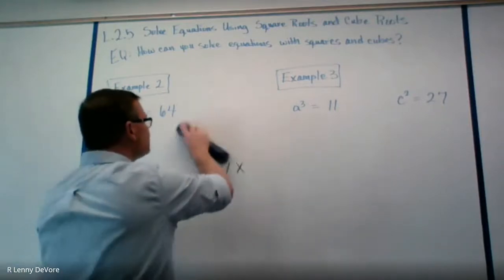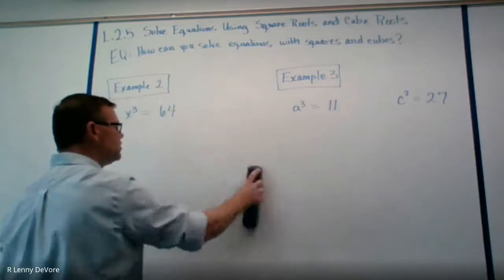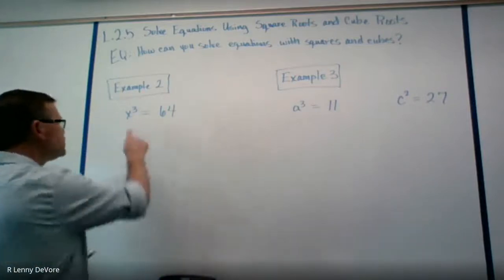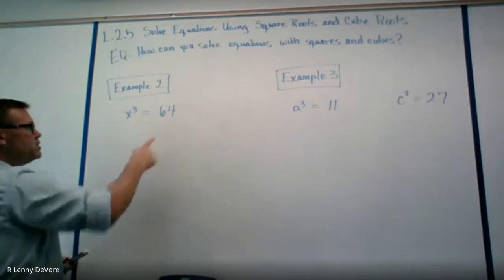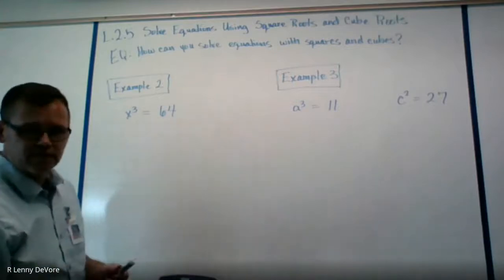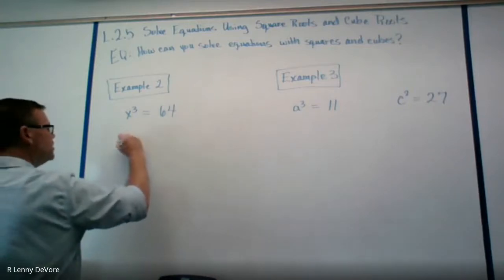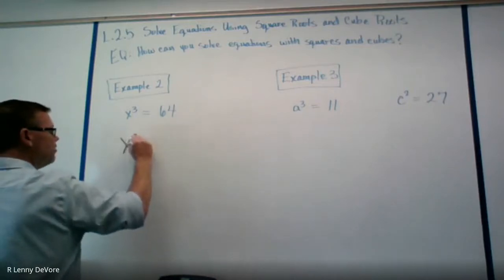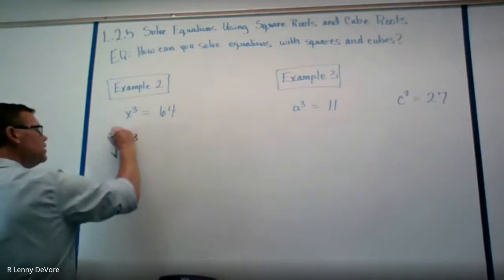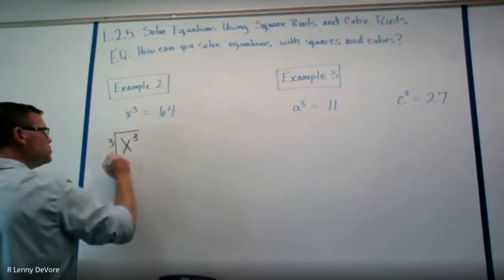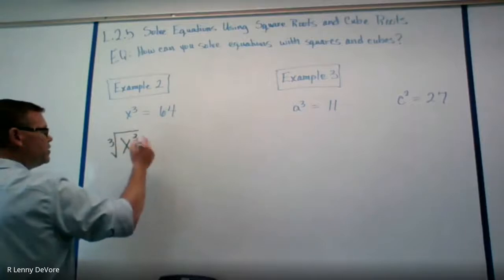So in other words, when I have an equation like x cubed equals 64, I want to isolate the variable x. I want to get it by itself. So I'm going to get x by itself by doing the cubed root. The cubed root will cancel out this cubed.